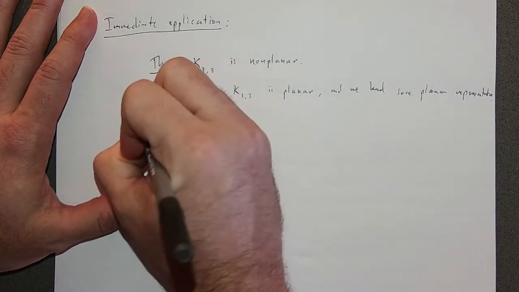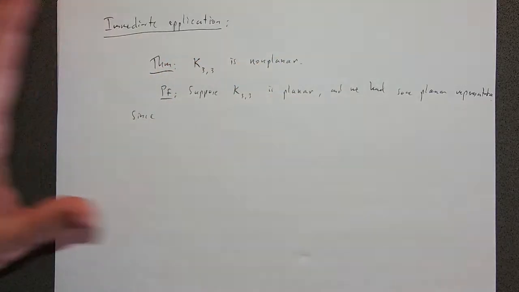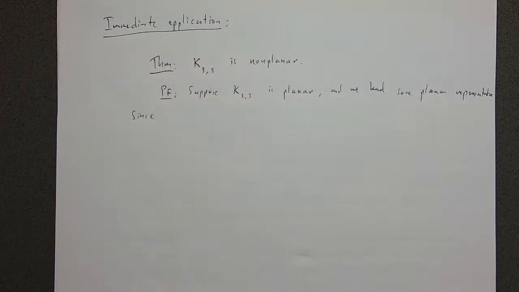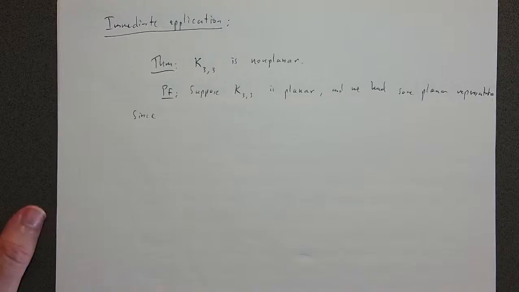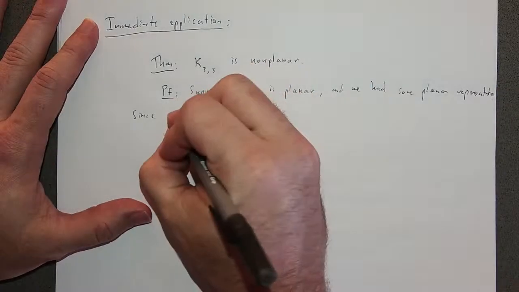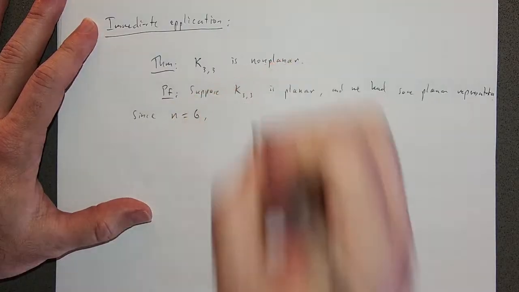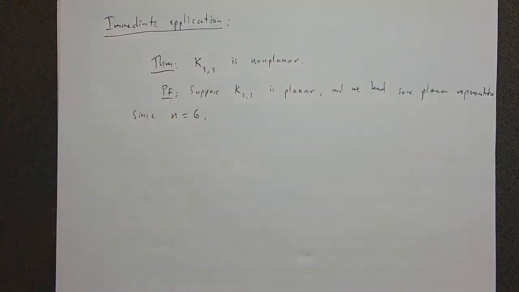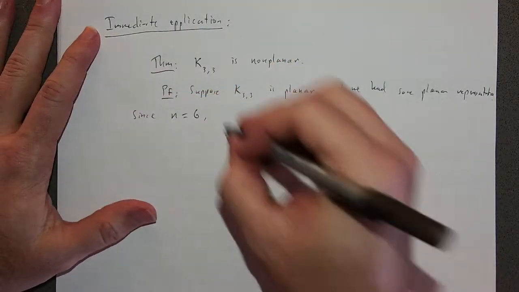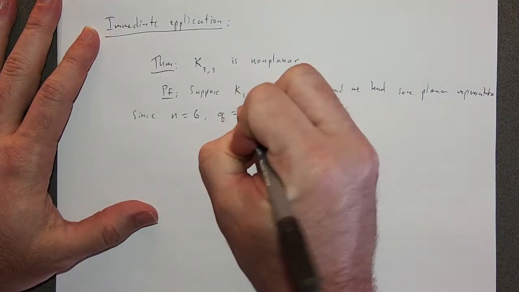Since K33, I mean, the partite sets each have 3 vertices, so there's a total of 3 plus 3 or 6 vertices. So n is equal to 6. The number of edges we know, it's 9, right? Q is equal to 9.